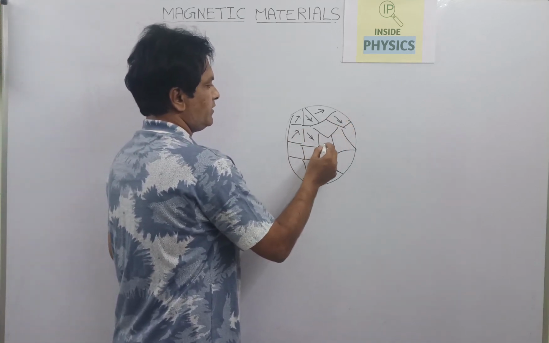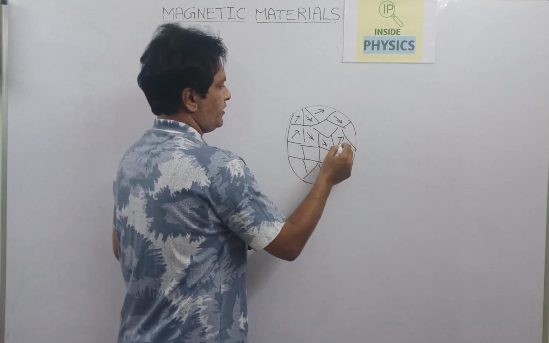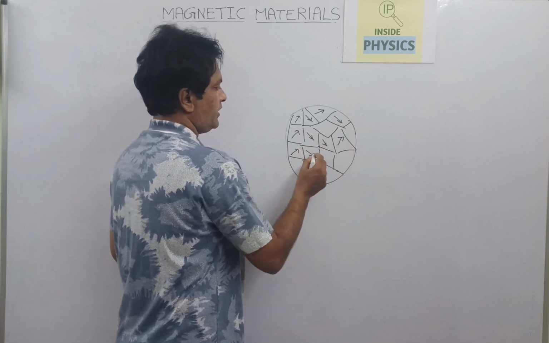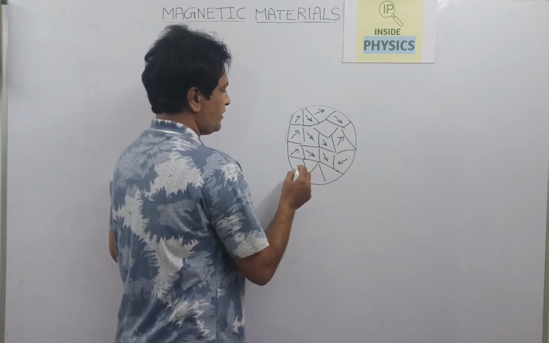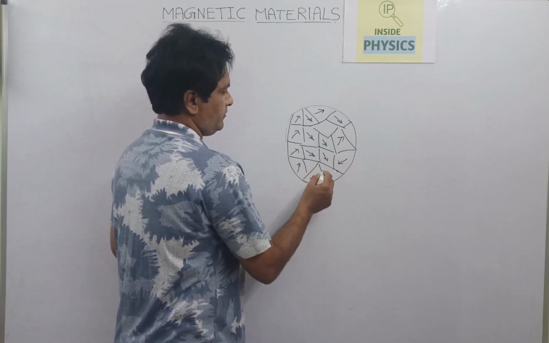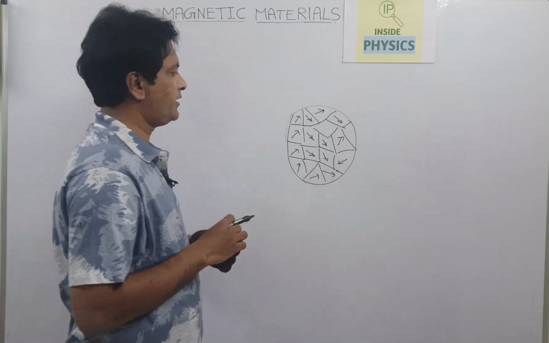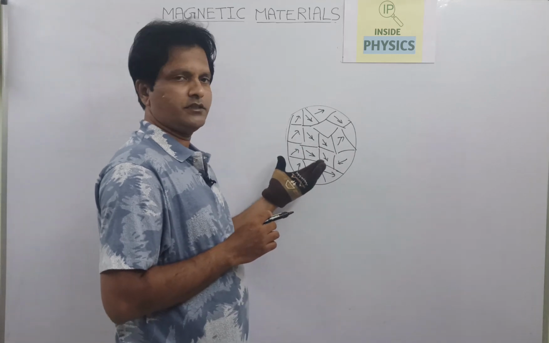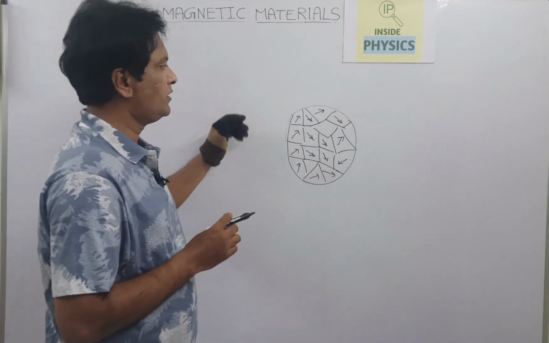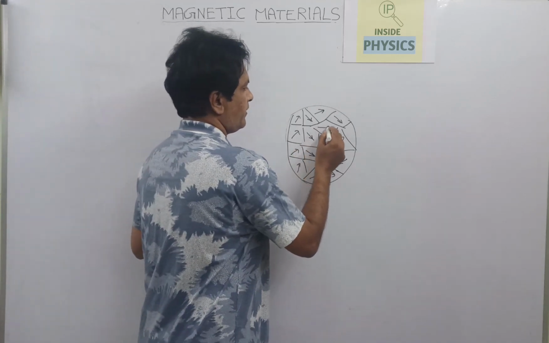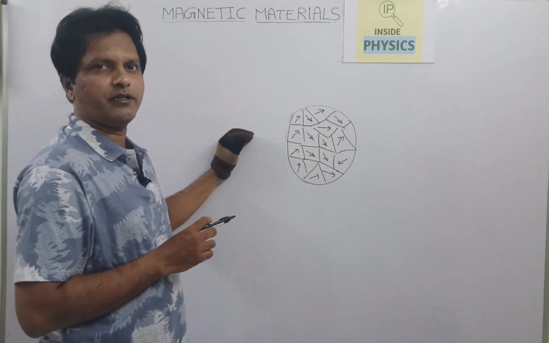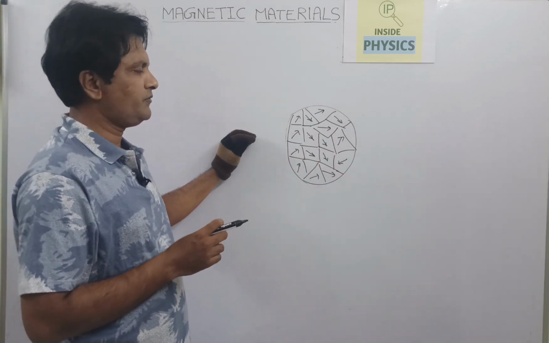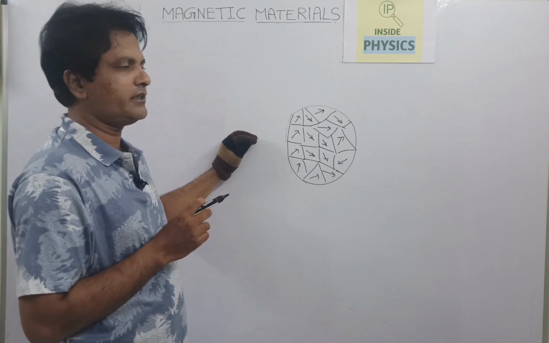So the net magnetic moment will be zero if there is no external magnetic field. Even though the net magnetic moment of each domain is nonzero, the total vectorial sum of all the magnetic moments of the domains will be zero in the absence of an external magnetic field.